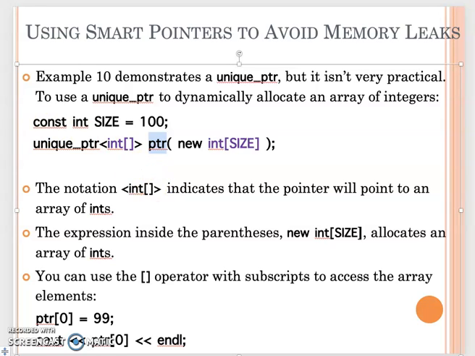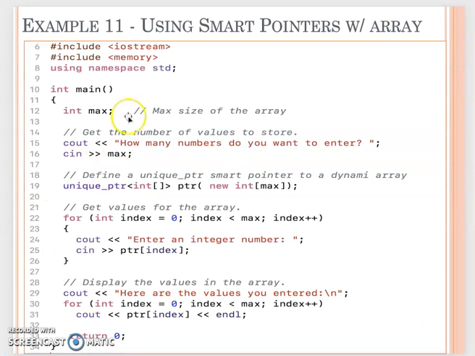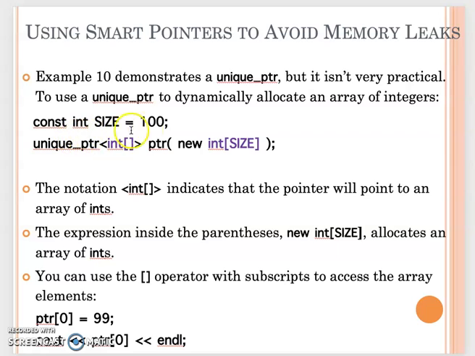Then the next example, example 11, shows how we use the unique pointer to create an array. Same thing, you need to include your memory library. Then we ask the user how many numbers they want to enter. You will see here, because you're using the new keyword, earlier we used a constant number, so the array size was constant.